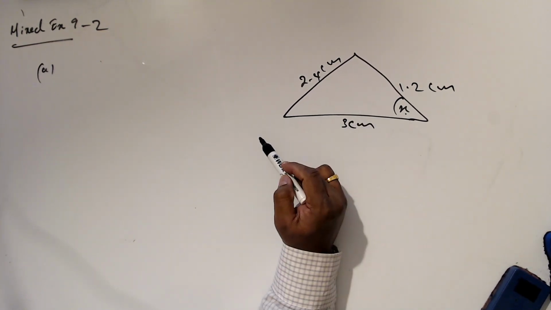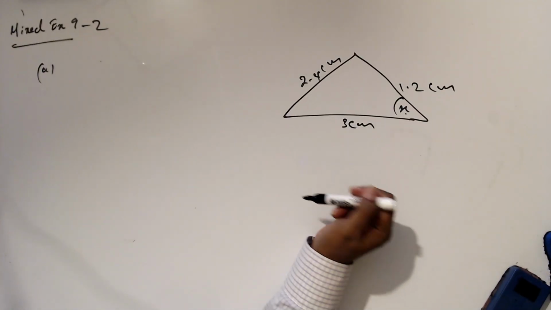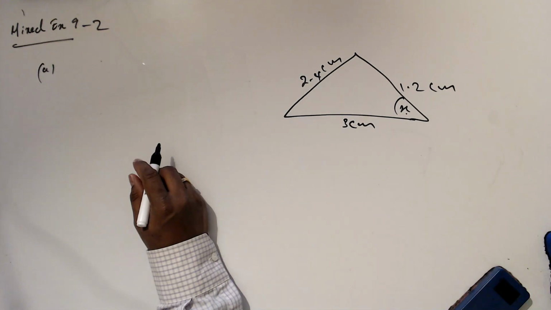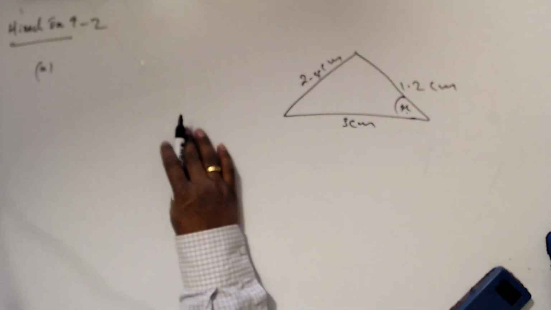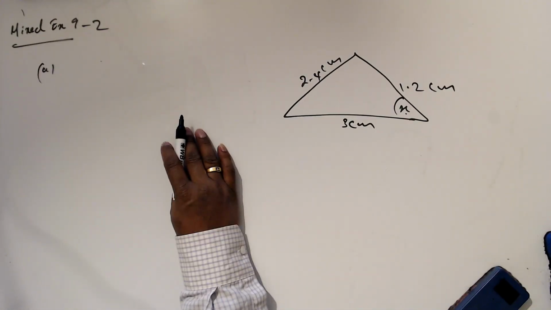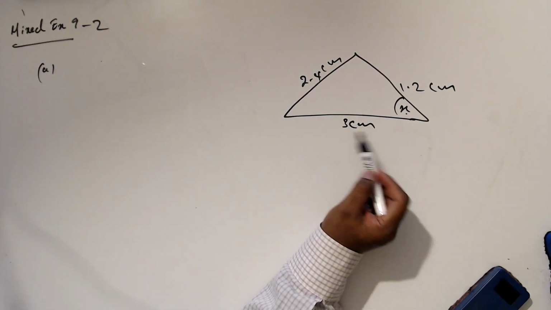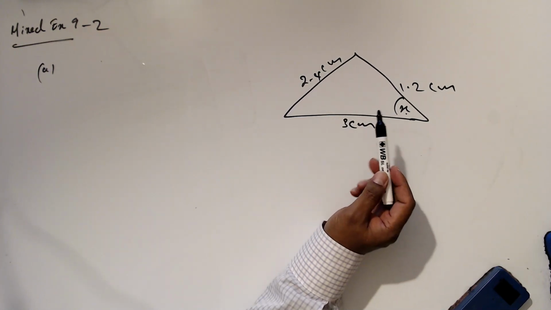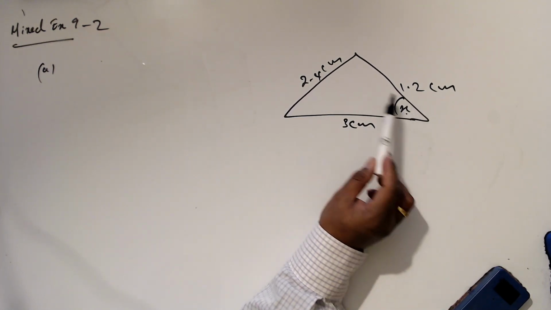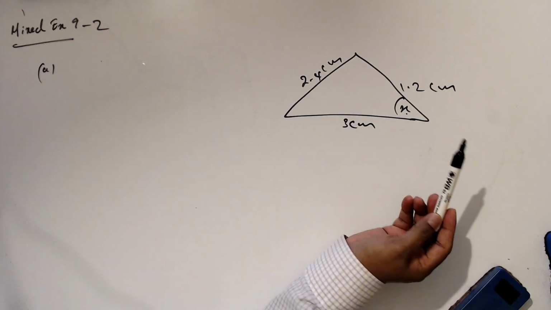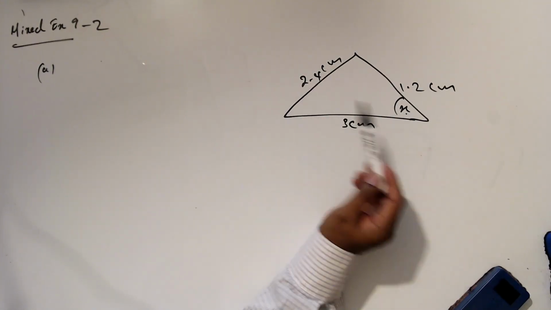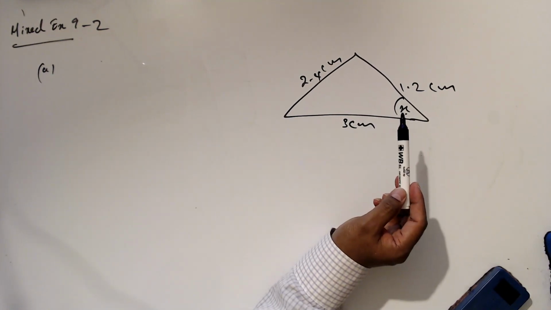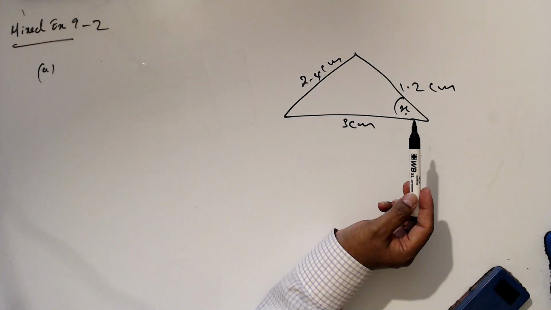Then we can simply apply the cosine rule to find the unknown angle. Question number 2, part A. In this section, we have to find initially x and then the area. We know that to find the area, we need an angle. So from the cosine rule, we can find the angle and then we can put half AB sine C.